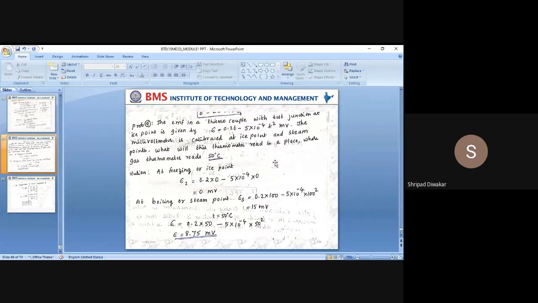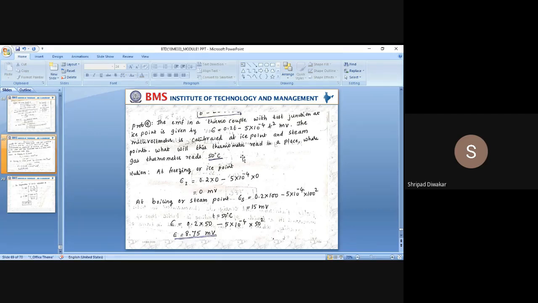Ice point and steam point are the standard points used in the measurement of temperature. Ice point is also called the freezing point. First condition: put the ice point, that is t equals 0 and epsilon equals epsilon i, the thermometric property at ice point.